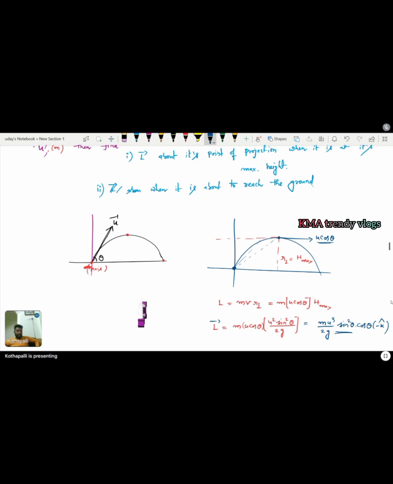Make it fast. When it is about to reach the ground, how will the velocity look? About the point of projection, what possibility is there to calculate the angular momentum? Think and try.